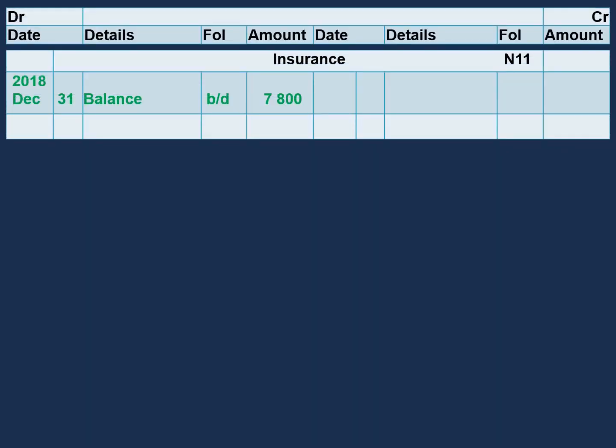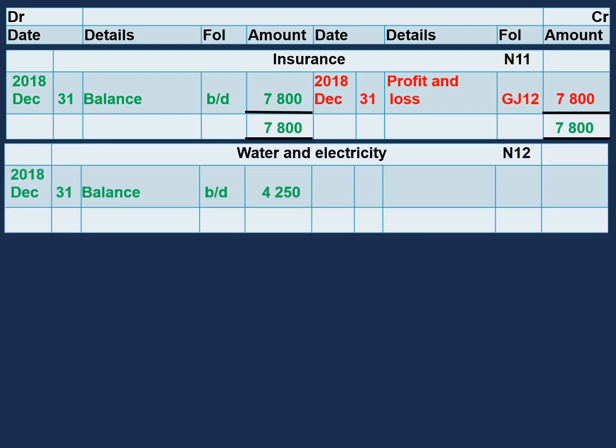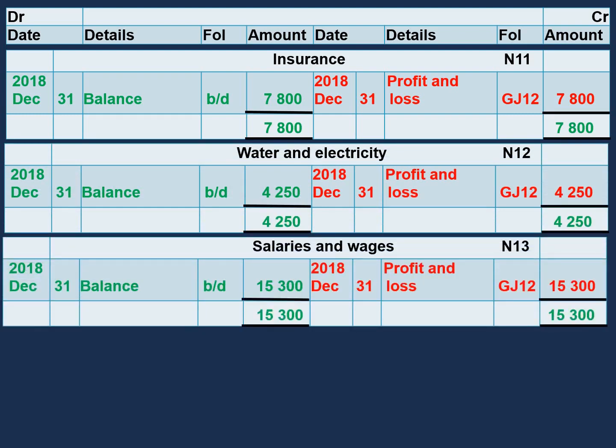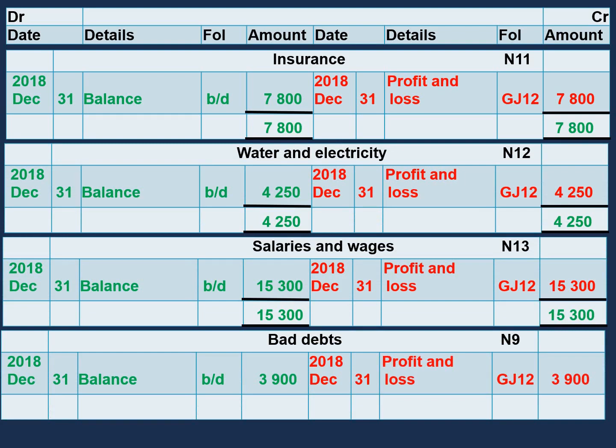Now in our general ledger, our insurance has a balance brought down of 7,800, and in this solution we are working with our expenses, so we will close off all our expenses on the credit side, and this we will do for each of our expenses. As you can see, all of these expenses, the same amount we will transfer to the credit side.